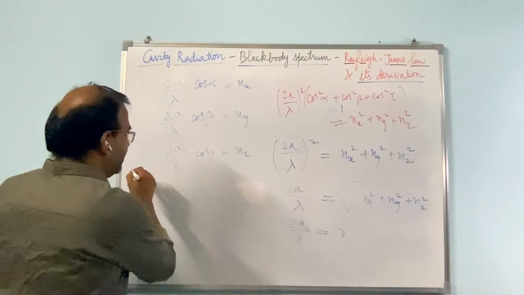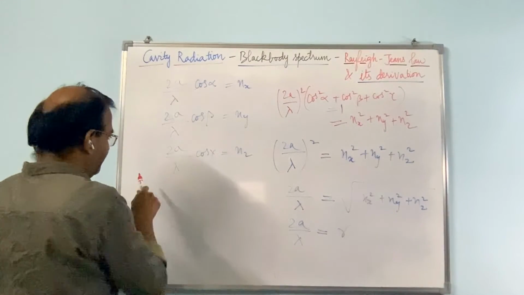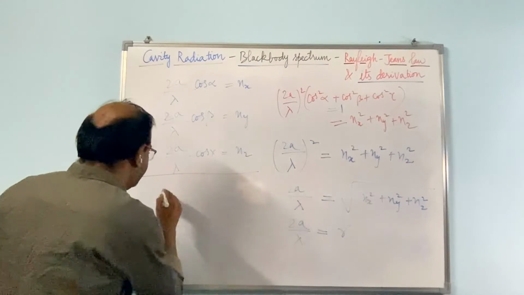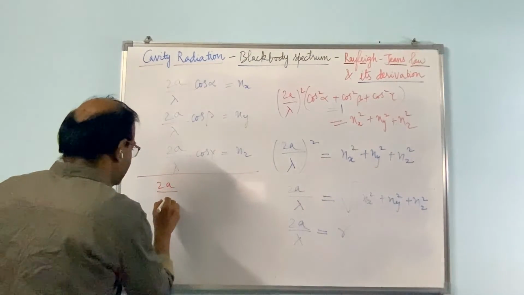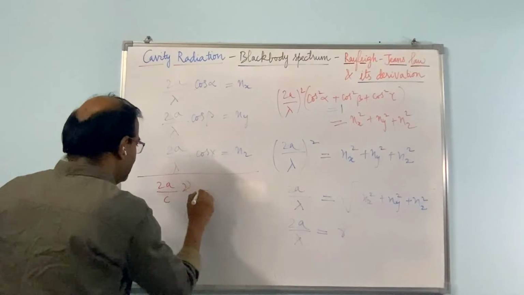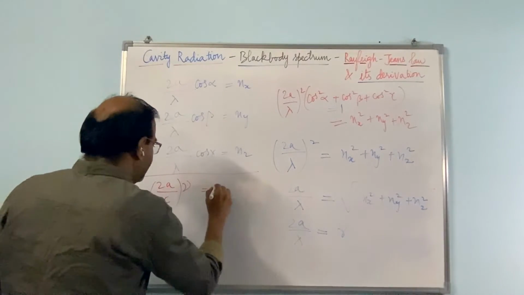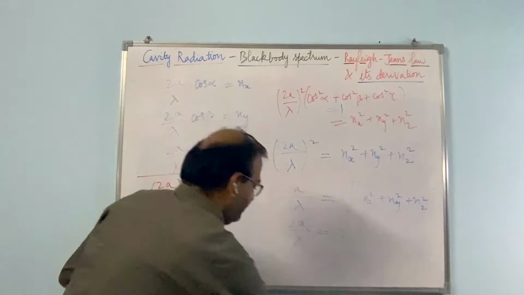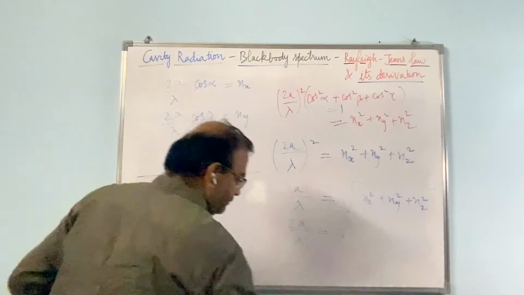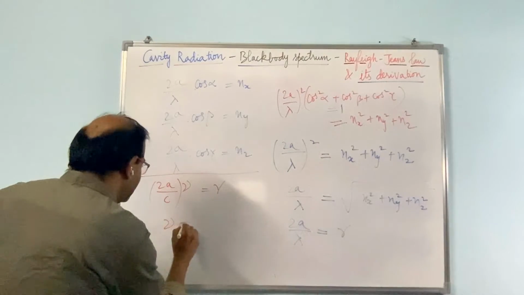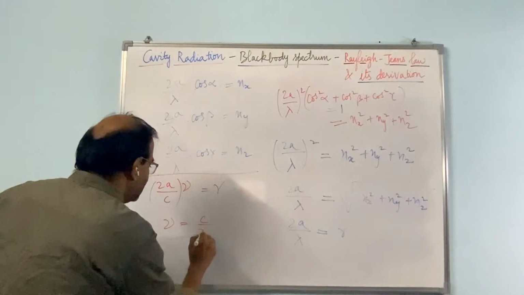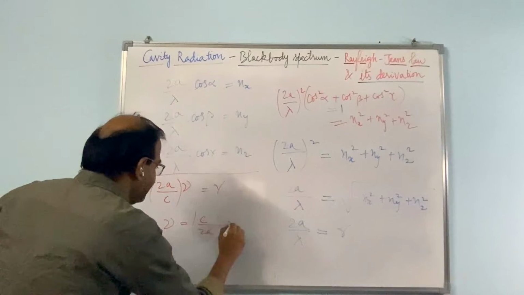And from here we can continue. That would be 2a by c times nu would be r, and therefore nu is equal to c over 2a times r.